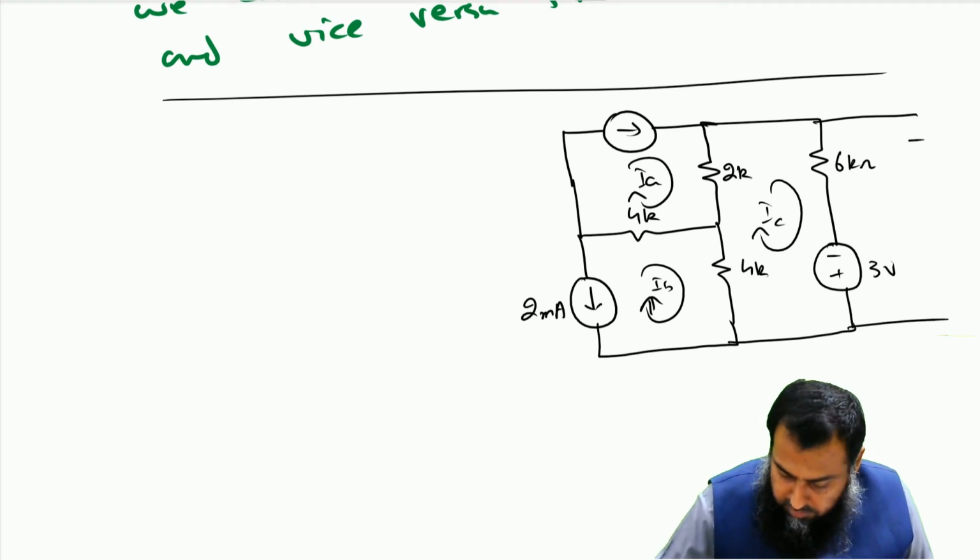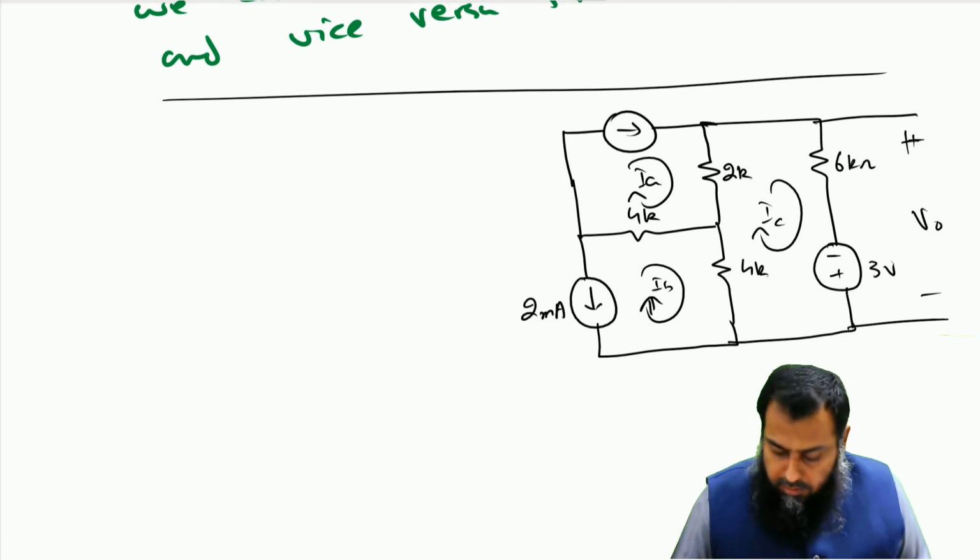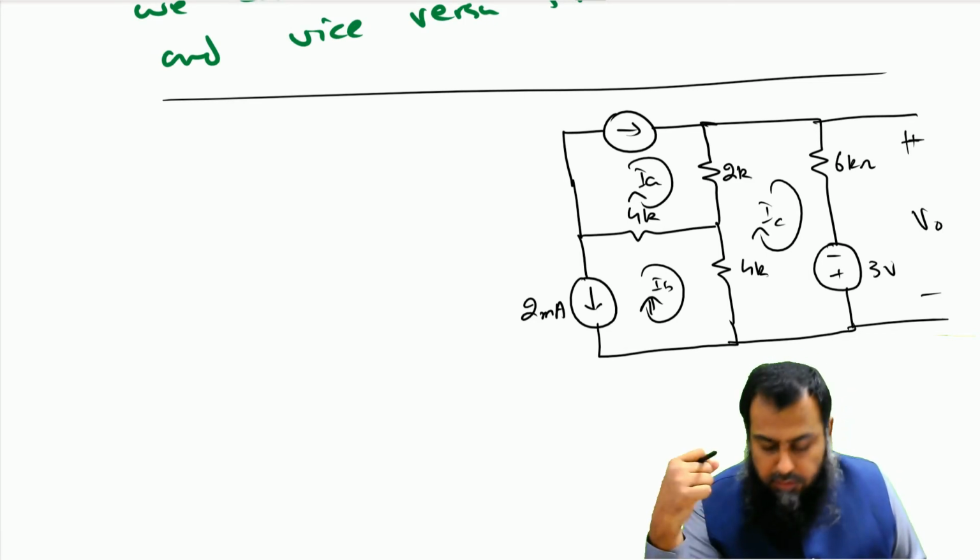Let us say this is plus and this is minus, and we want to find this voltage V naught, right? So which method do we need to adopt for solving this circuit?